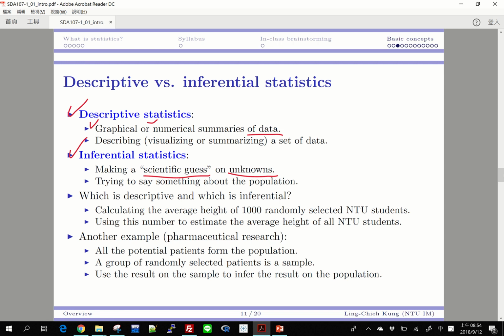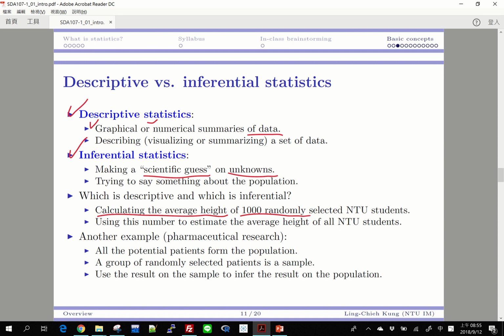So here are some examples. Suppose I randomly select 1,000 students in NTU and I calculate their average height. Okay, the first guy 170 centimeters, the second guy 160 centimeters. I collect that 1,000 numbers and calculate the average number.